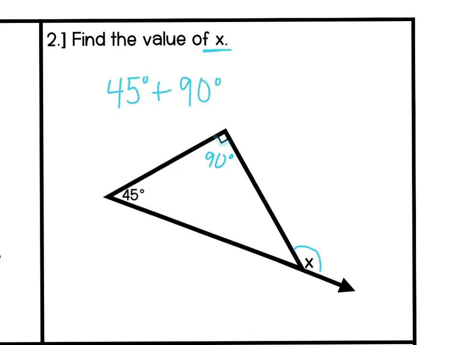So I'm just going to simply add those two together to find X. And if I add them together, I get 135 degrees. And that is what my exterior angle is. And if you notice, again, it's an obtuse angle, and my degree measure is larger than 90, so that again makes sense.